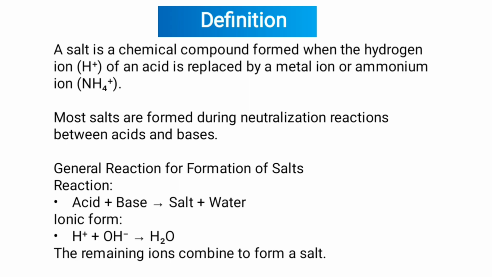The general reaction for the formation of salts is: acid plus base gives salt plus water. Ionic form: H positive plus OH negative gives H2O. The remaining ions combine to form salt.